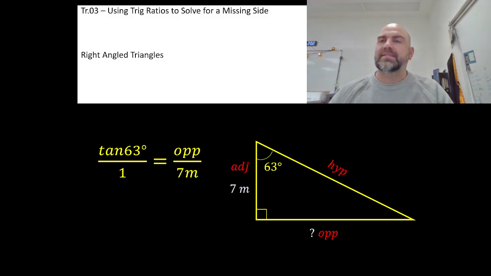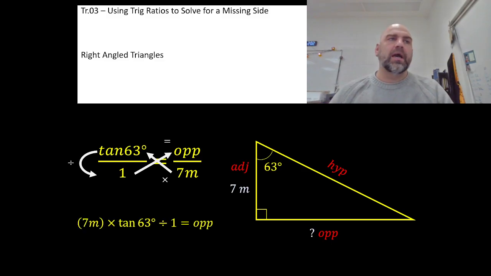So I'm going to start with the 7 meters, because we don't know the opposite side. I'm going to multiply across, 7 meters times tan of 63. Then I'm going to divide by what's underneath, which is 1, and that should equal the opposite side. And so the calculation looks like this: 7 times tan of 63 divided by 1 is equal to the opposite side.